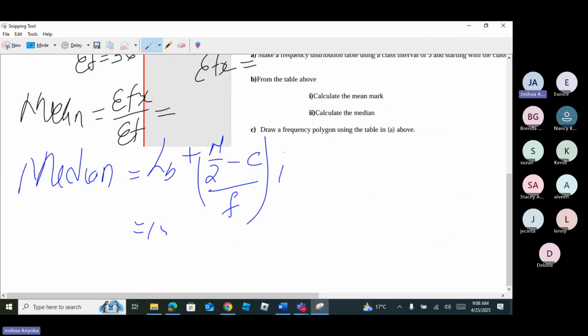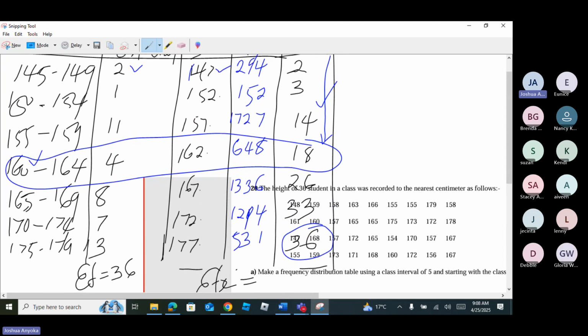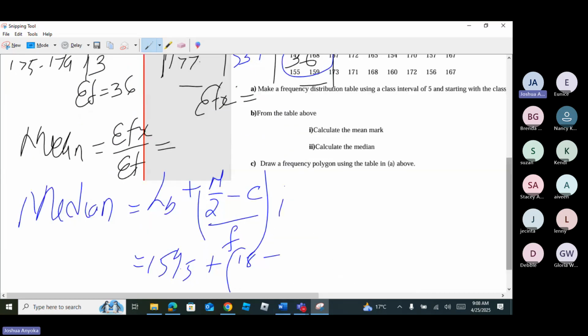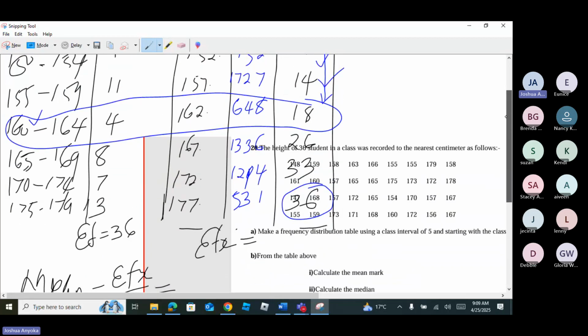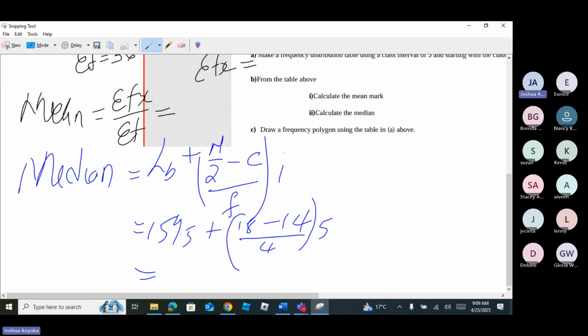So we have 159.5 plus n over 2, 18, minus the cumulative frequency above the median class, 14, divided by the frequency of the median class, which is 4, and times the interval, 5. And this one gives us the median mark.